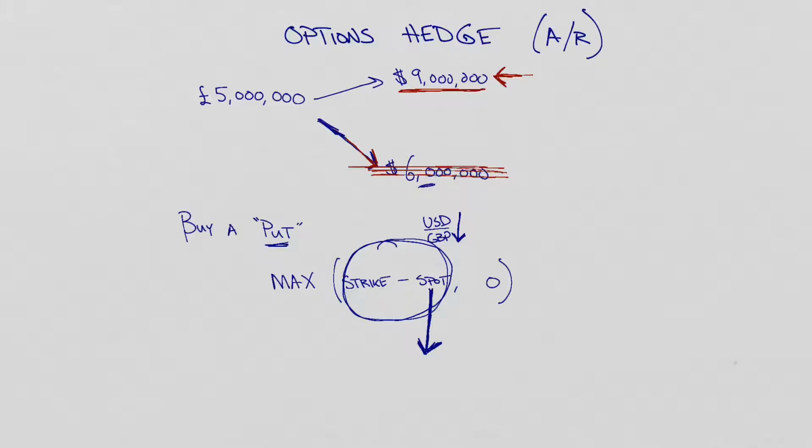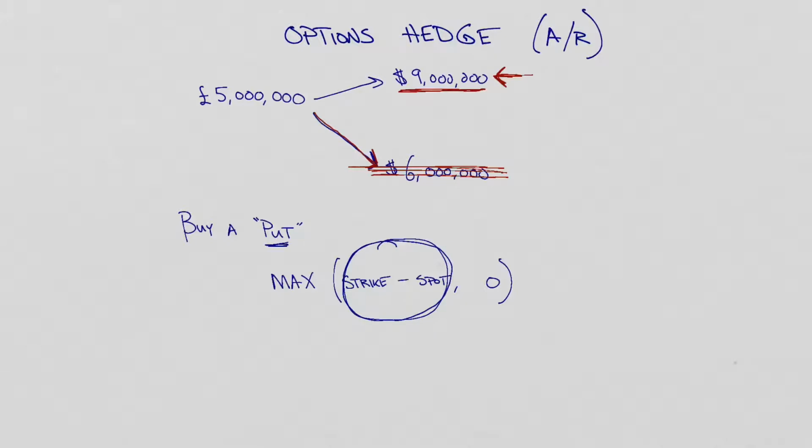But that's good for a put option. So that's when this put option on the pound will actually make money. When we most need it, this thing is going to pay off and profit from a falling British pound. We're going to take that profit and use it to offset the weakened amount of dollars that we get when we finally collect on this accounts receivable.